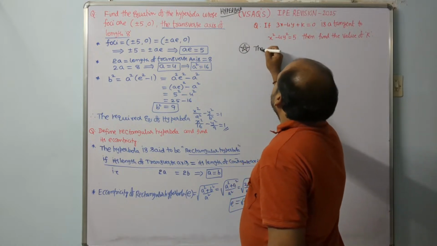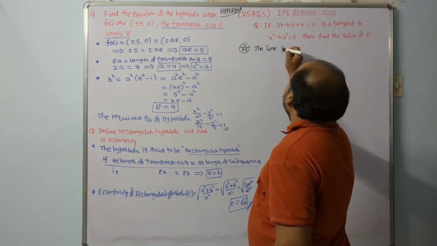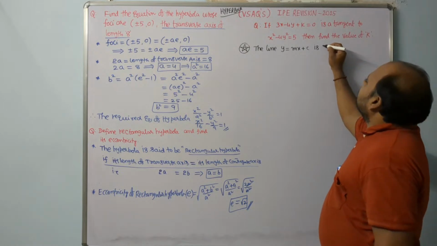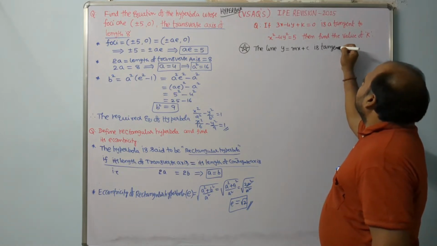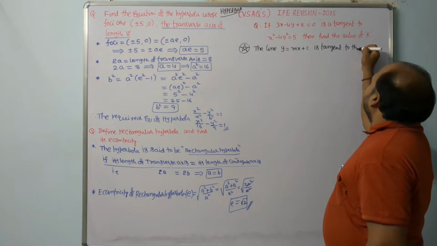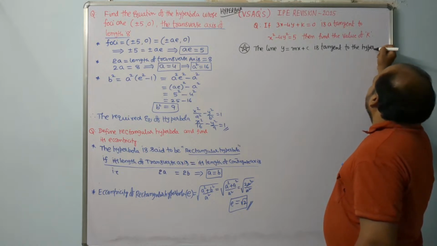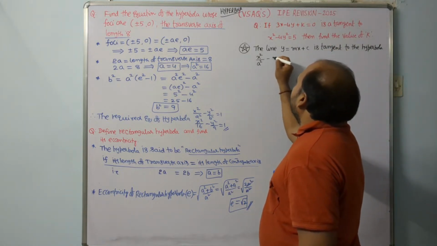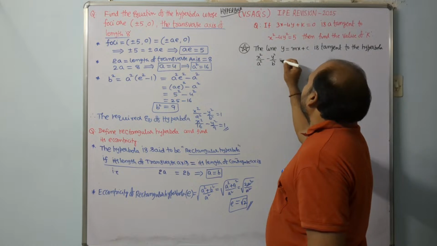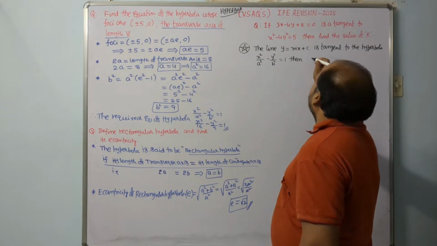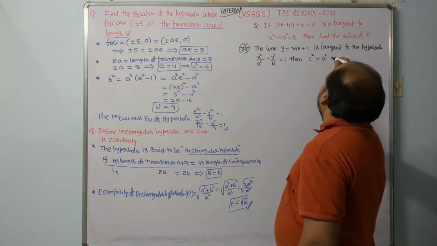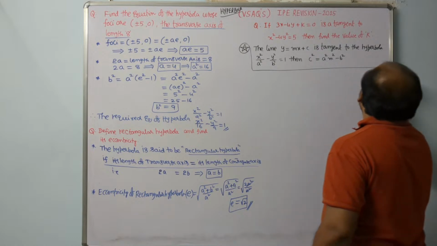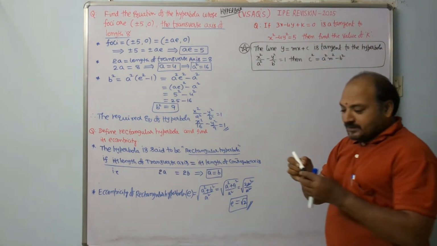The line y is equal to mx plus c is tangent to the hyperbola x square by a square minus y square by b square equal to 1, then c square equal to a square m square minus b square. This is a very important property, a very important condition, dear students.